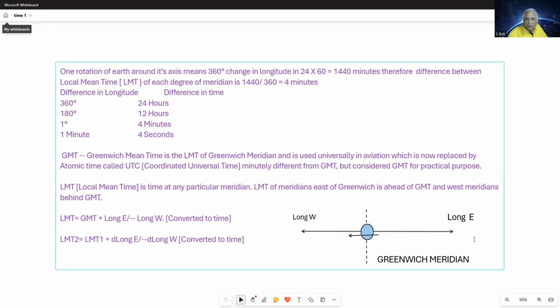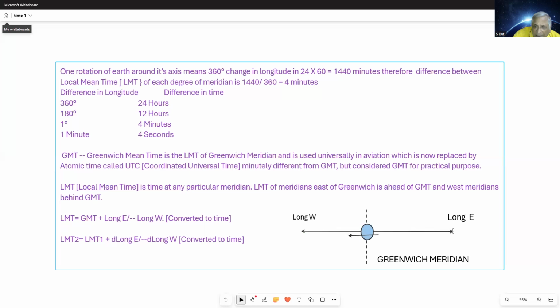Therefore, the Earth rotating from west to east, the sun will be traveling from east towards west and will be crossing each meridian after 4 minutes of time, and each minute of longitude in 4 seconds of time.